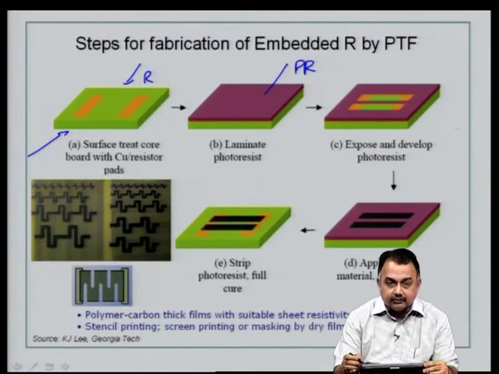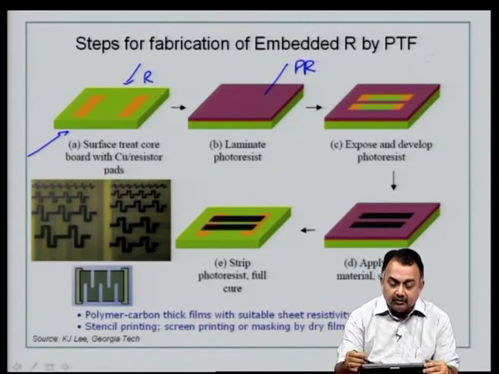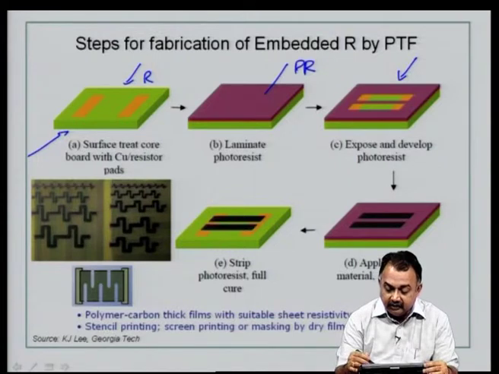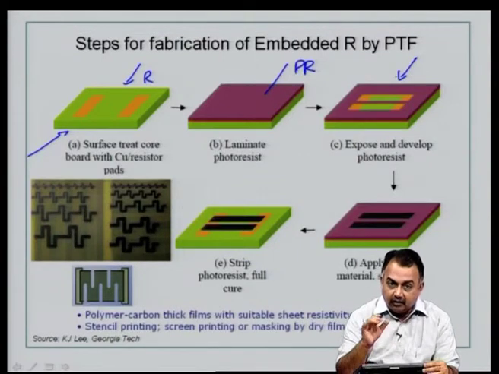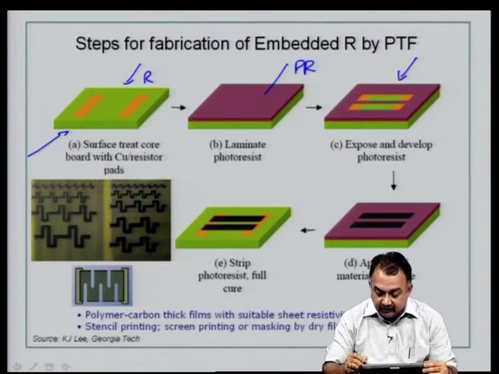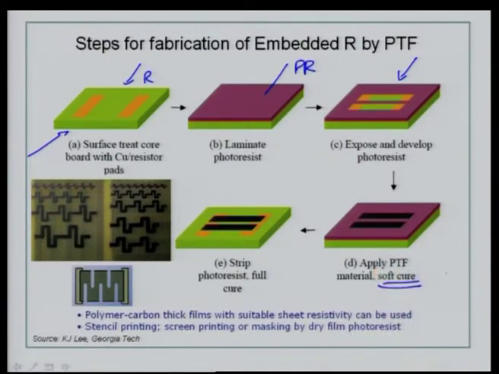Then you expose, and with the normal photolithography process, you use a mask and then define the areas. So, the photoresist material is removed from our focus area. Okay. Then in this area you are going to do screen printing of the polymer thick film and then you soft cure it. Okay.